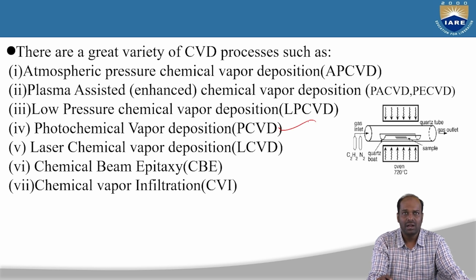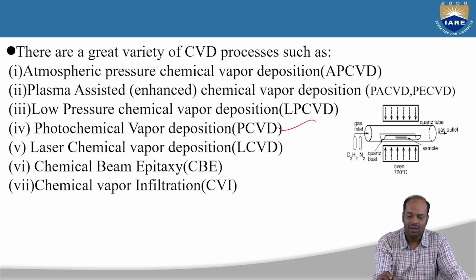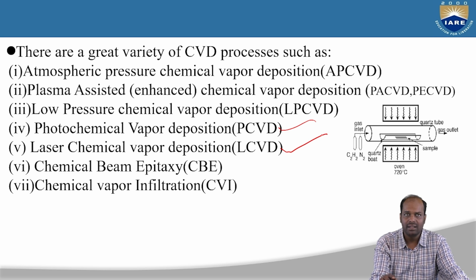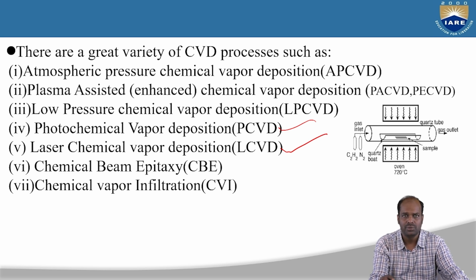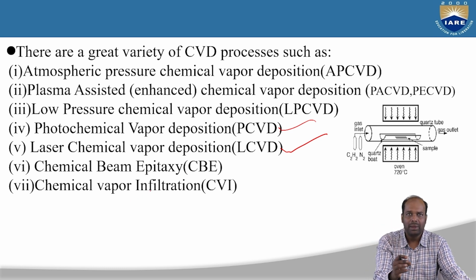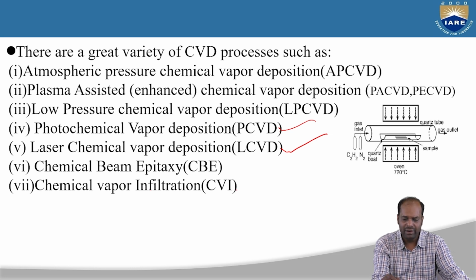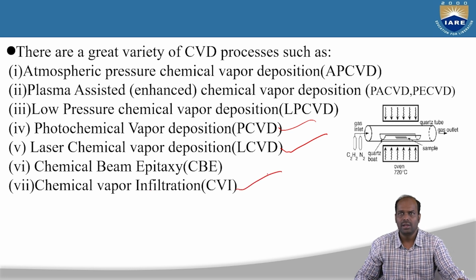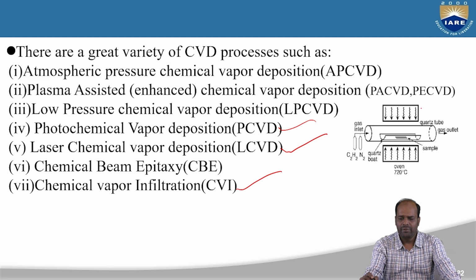By using a laser we can also deposit, which is laser chemical vapor deposition. Chemical beam means the chemicals in the form of a beam are coated as an epitaxial growth of thin film. Another technique available is chemical vapor infiltration.